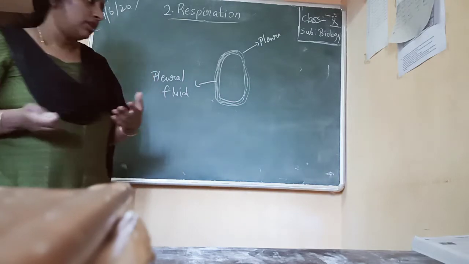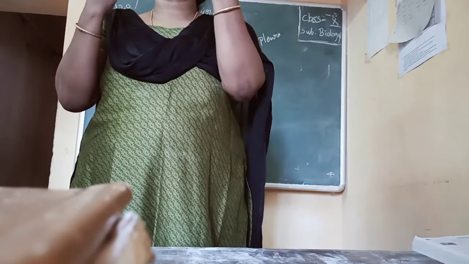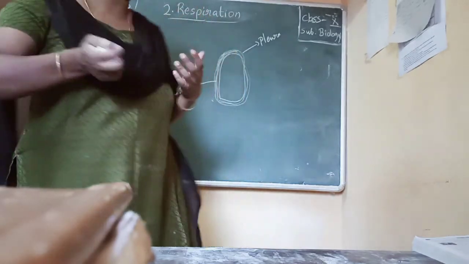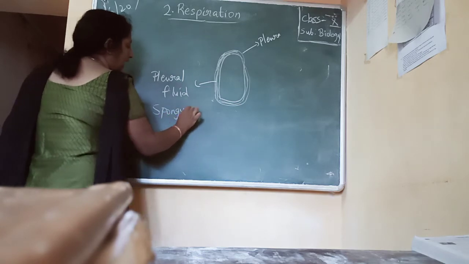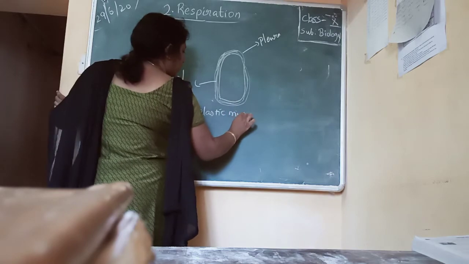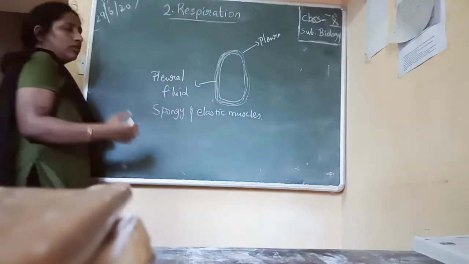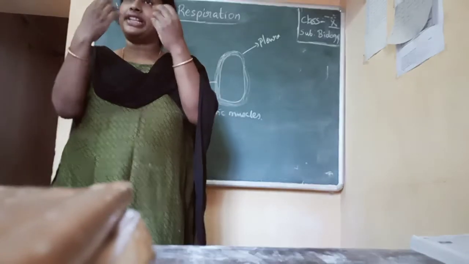Okay, so see, lungs are always contracting and expanding. So there are some muscles in the lungs, spongy and elastic muscles. So because of these muscles, lungs are contracting and expanding.